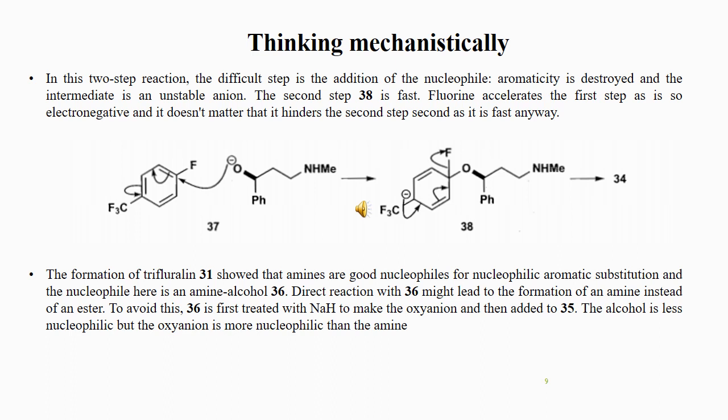To avoid this, 36 is first treated with sodium hydride to make the oxyanion, and then added to 35. The reason is that the oxyanion is a good nucleophile as compared to the amine. So to make it a good nucleophile, sodium hydride is used. The alcohol is less nucleophilic, but the oxyanion is more nucleophilic than the amine.